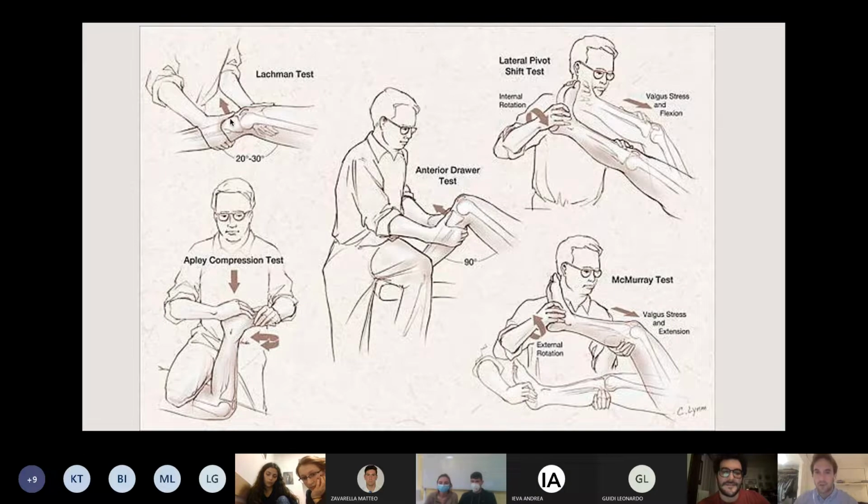Exactly, the MRI. MRI is the best technique, and you have to perform an MRI if you suspect an anterior cruciate ligament lesion, and obviously if the magnetic resonance is positive, you can decide if to repair the ligament or not.